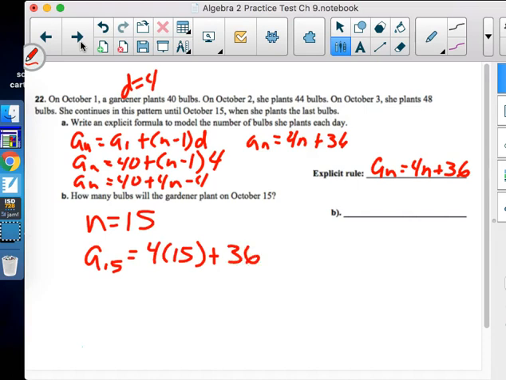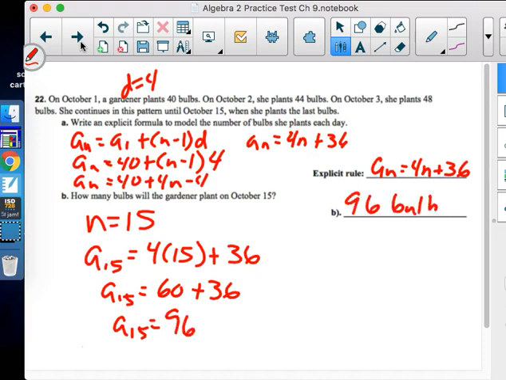They don't want to know how many she's planted every day since. So this will give us 60 plus 36 for a grand total of how many bulbs? 96 bulbs. Tulips, daffodils, all those early spring bulbs. There it is.